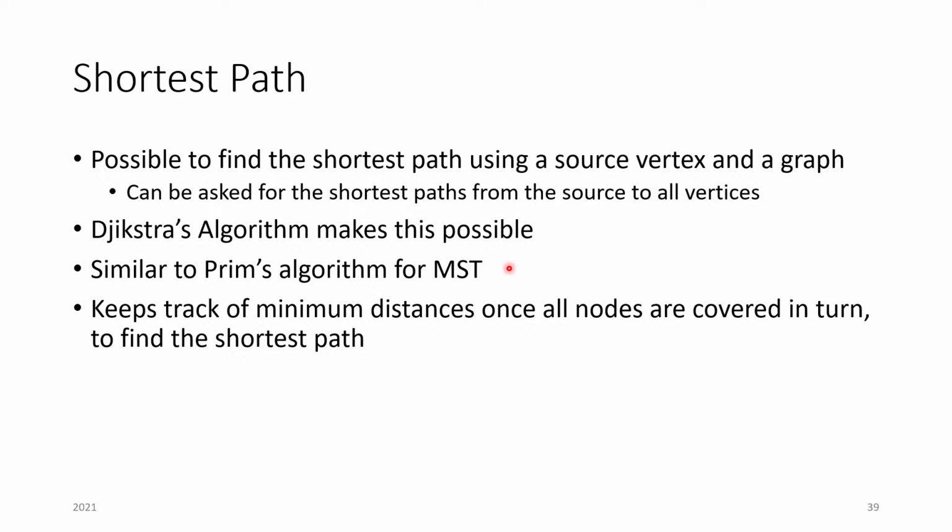The similarity is that instead of spanning for a minimum spanning tree, we keep track of the minimum distances as we cover all the nodes in turn, so you keep finding and updating the shortest path required from the source node to all other nodes. And just to recap, a node is also referred to as a vertex in the graph.